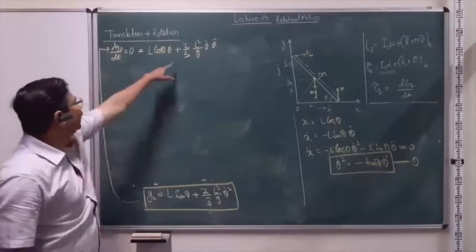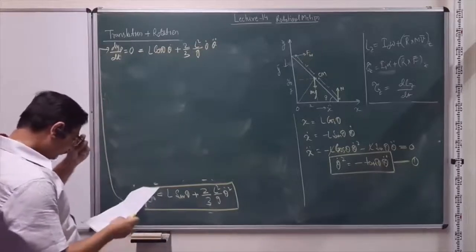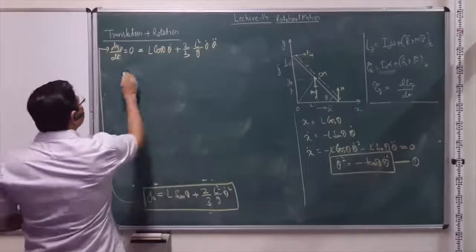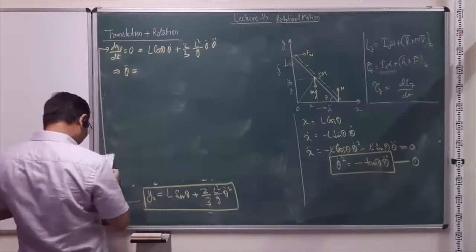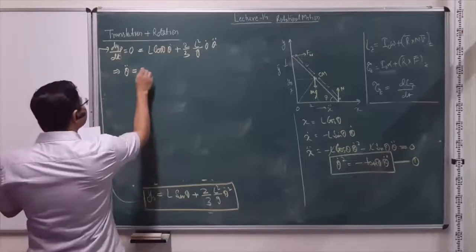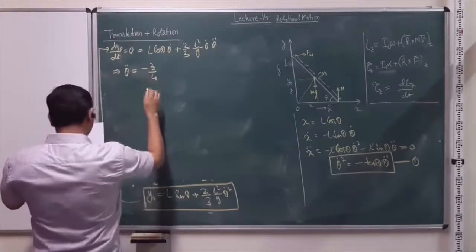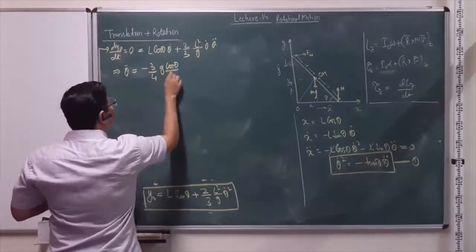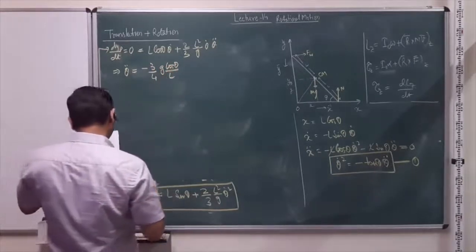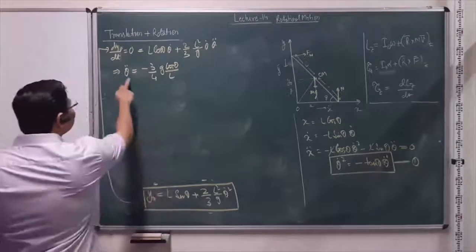So we can write down an equation like this and solve for theta double dot. Theta double dot is then equal to minus 3 by 4 g cos theta by L. Okay, so this is my theta double dot.